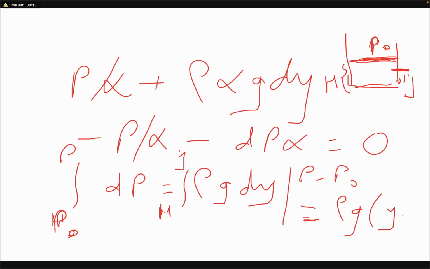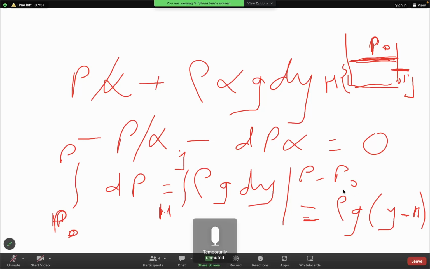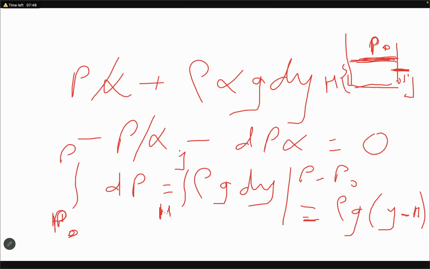Do check y minus H. Convince yourselves: P minus P naught is equal to rho g times y minus capital H. Convinced, all of you? Is it fine?